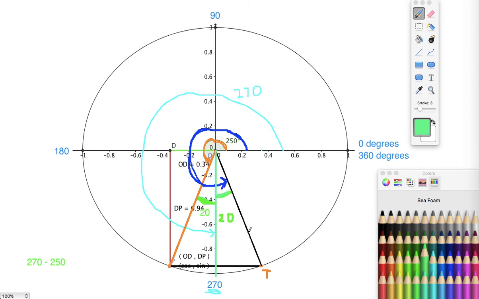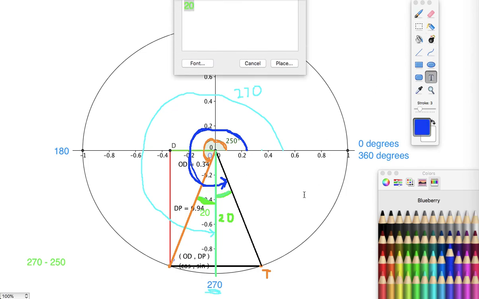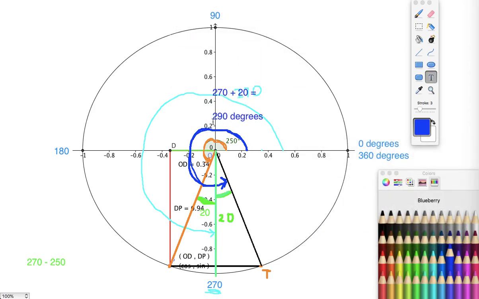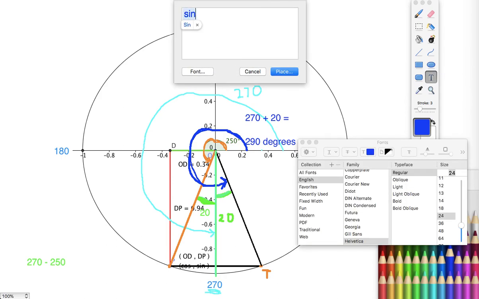So therefore, in total, my T is 20 plus 270, or 290 degrees. That's for my purple. All right, so long story short, my point P, which was 250 degrees, has the exact same sine value as my 290 degrees.